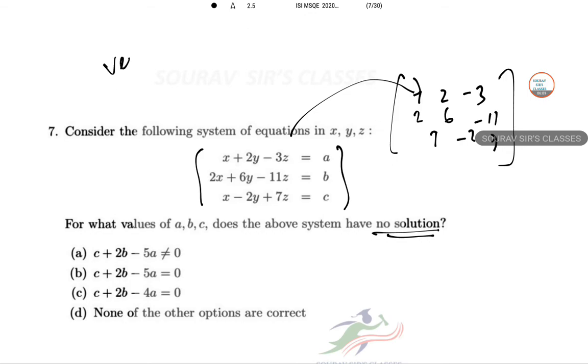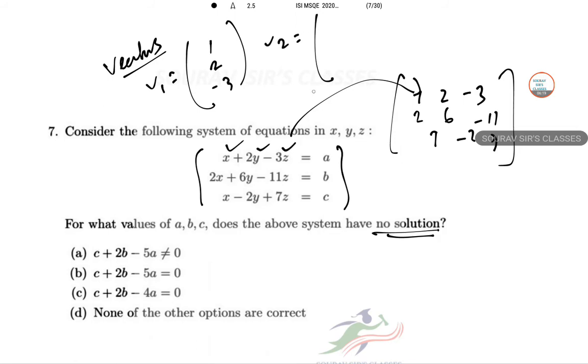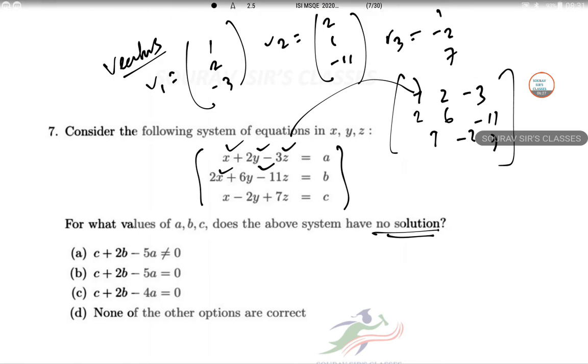Now if we take the vectors, let v1 be 1, 2, and minus 3, v2 is 2, 6, and minus 11, v3 is 1, minus 2, and 7.